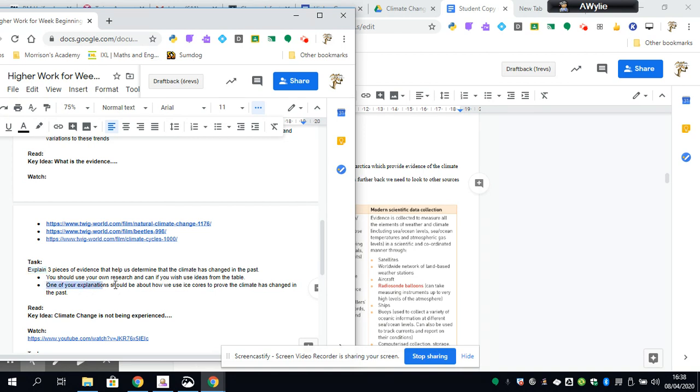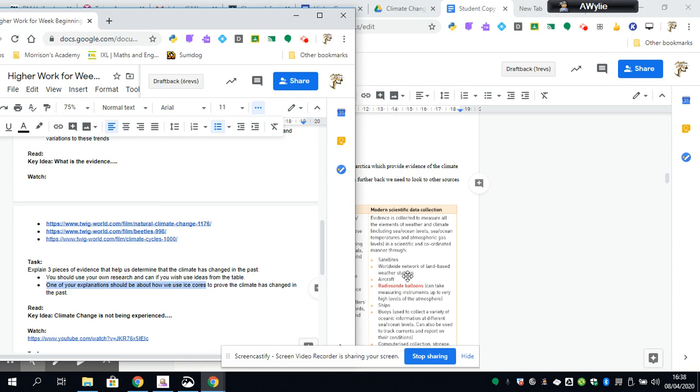I'd like one of them to be to do with ice cores. So I'd like to focus one of them on how the ice from Antarctica and Greenland helps us establish the temperature of the planet more than 100,000 years ago. Okay. And give as much evidence as you can. You can use some diagrams if you want. You can pop some images into your notes, but make them quite detailed and do some thorough research.